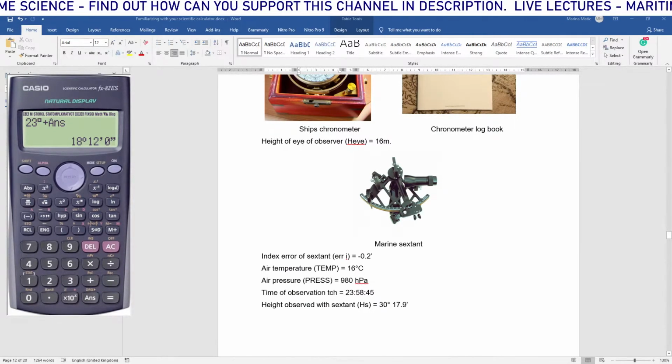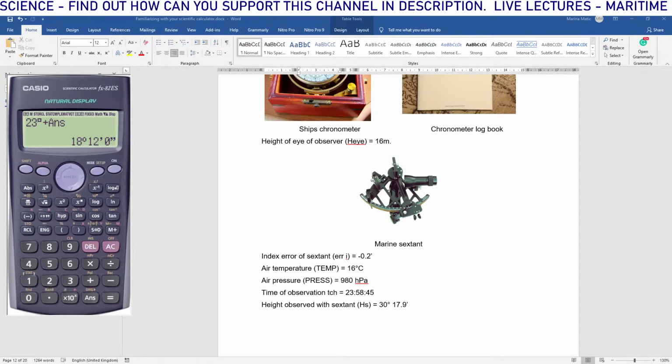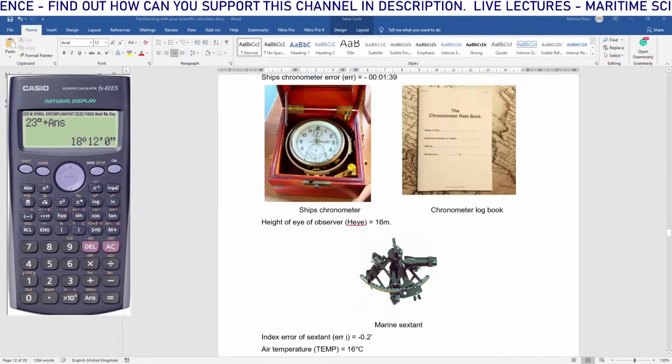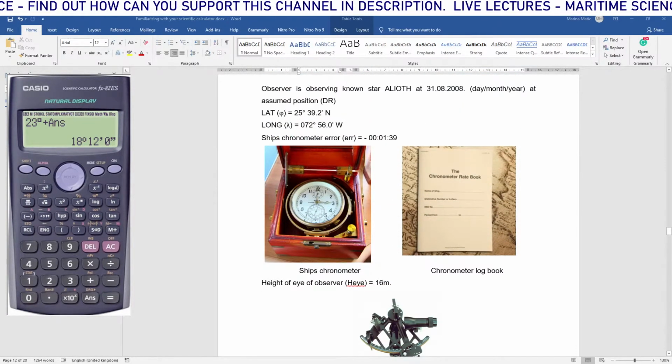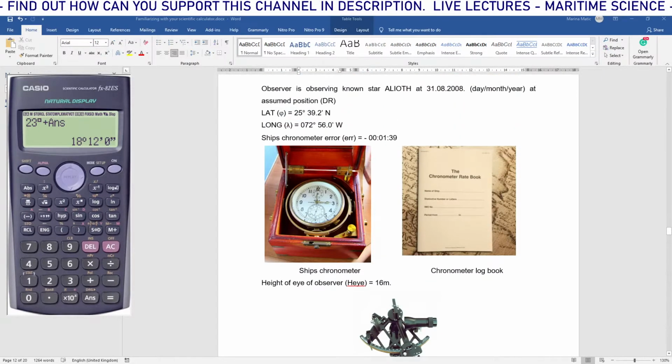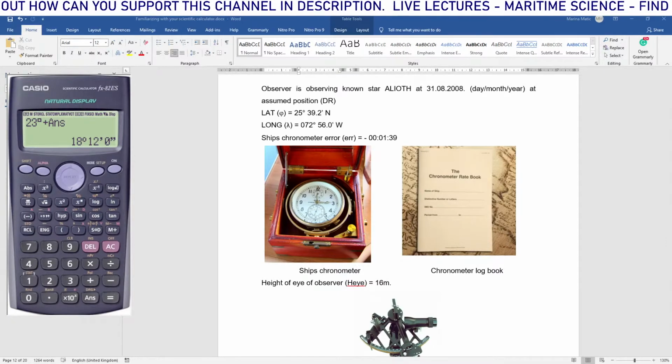So when I have 6 p.m., Greenwich has 11 p.m. So that's logical because I'm on 72 degrees west. But it's a good thing because we are still on the same date, so 31st of August.